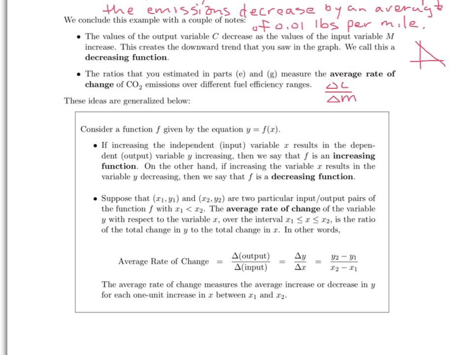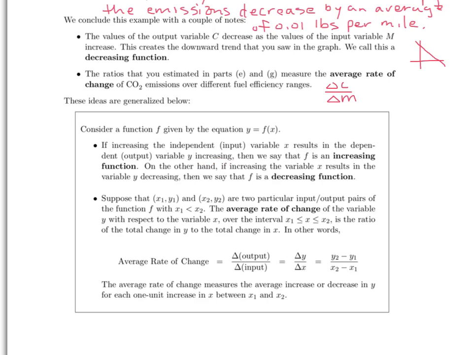So in our general case, imagine you start with a function f. You've got f, you've got the input X, and you've got the output Y. Looking at the first bullet: if increasing the X variable causes the output, the Y variable, to increase, then we say that the function is increasing.